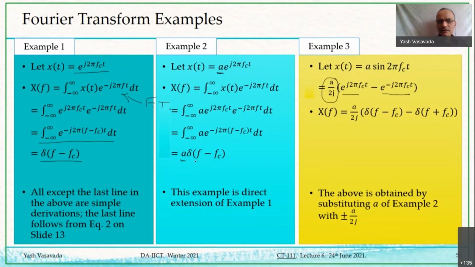I can just use example 2 and say that the Fourier transform will be two spikes now. One located at f of c, this one will be located at minus f of c. Why do I say that this is located at f of c, this is at minus f of c?